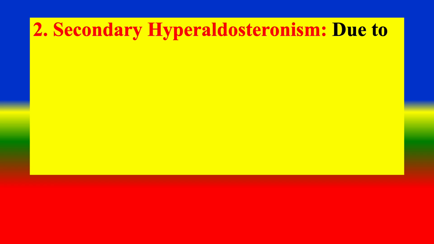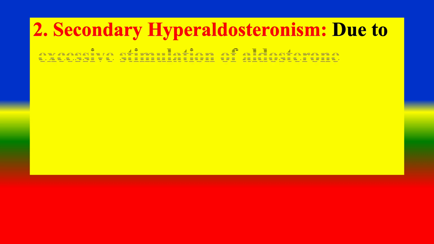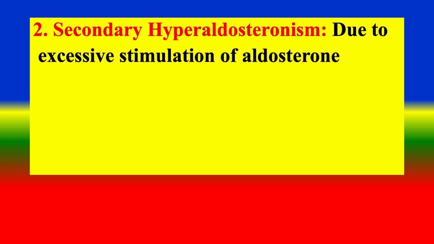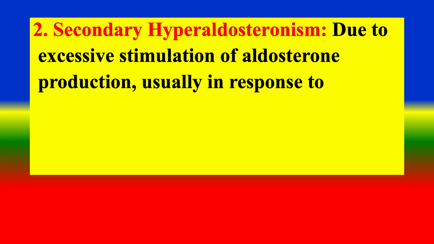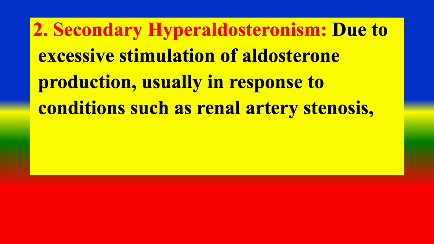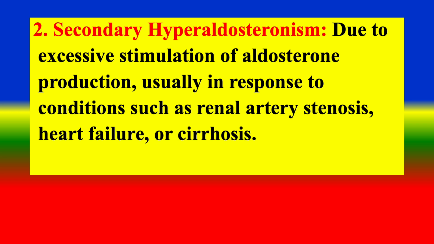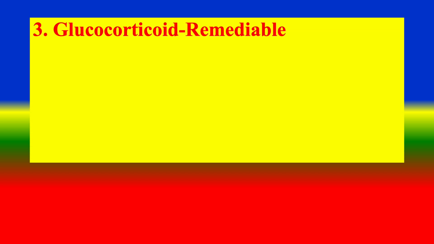2. Secondary hyperaldosteronism, due to excessive stimulation of aldosterone production, usually in response to conditions such as renal artery stenosis, heart failure, or cirrhosis. 3.